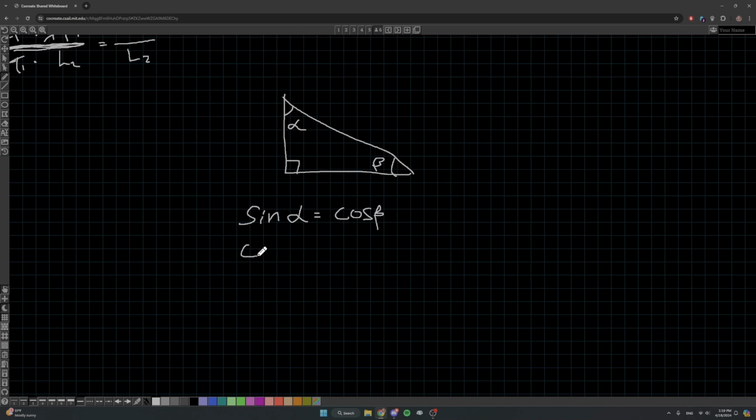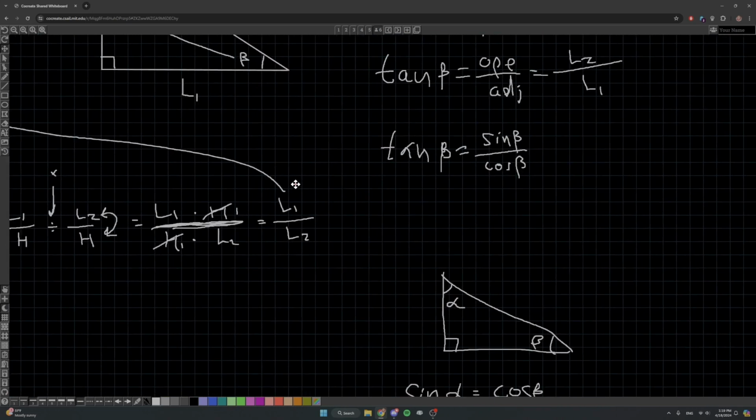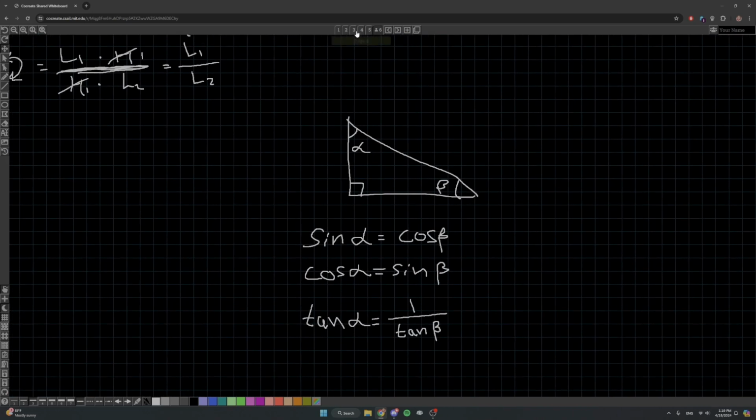You get cosine of alpha equals sine of beta. And you get tangent of alpha is equal to 1 over tangent of beta. And that's really all there is to this, at least at a very fundamental level. This is all you need to know to do this.